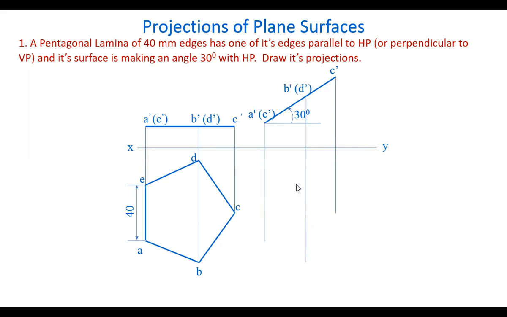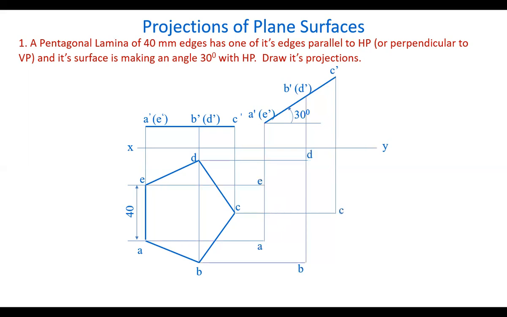Coming to the top view, we are not moving the plane away from the vertical plane. The plane is kept at the same position. So all the points are at the same distance in front of VP. A is at this distance, B at this distance, C at the same distance, like this.